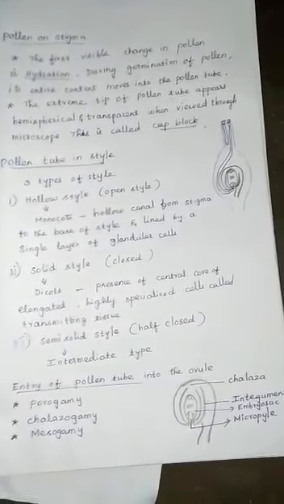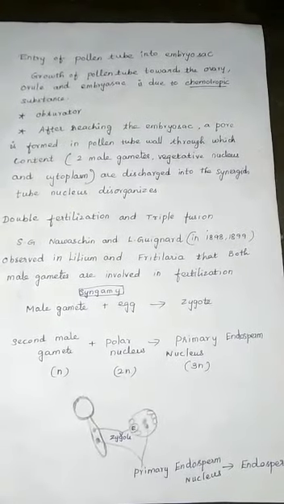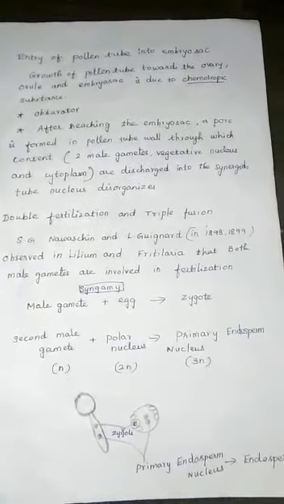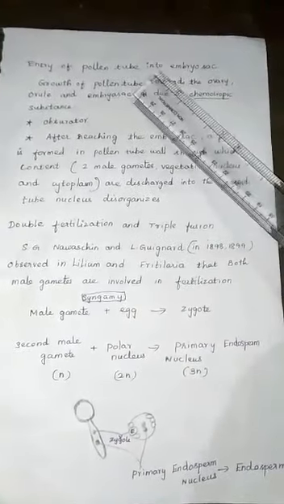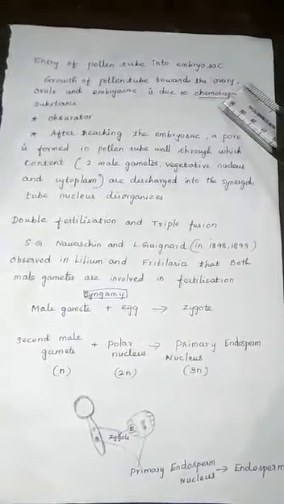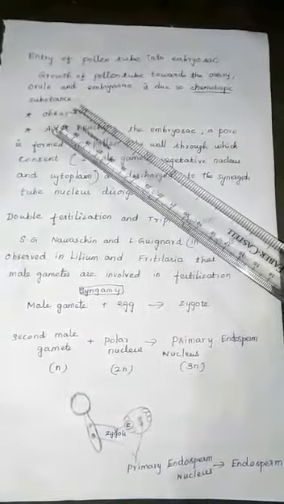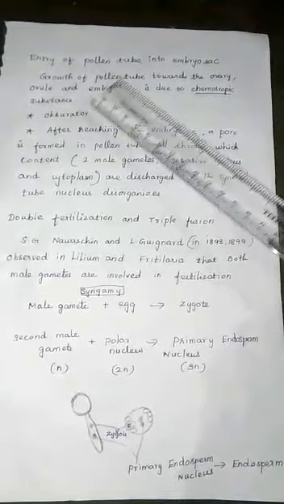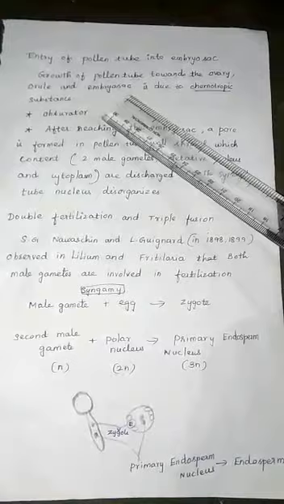Let's see the entry of pollen tube into the embryo sac. Here the growth of the pollen tube towards the ovary, ovule and embryo sac is all due to some chemotropic substances. Some chemical substances attract the growth of the pollen tube towards the ovary, ovule as well as the embryo sac.